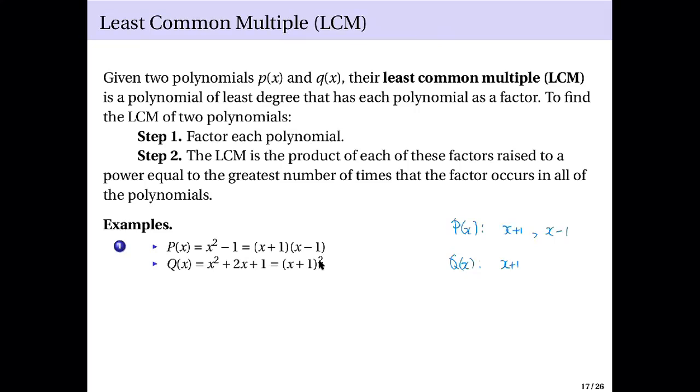So the exponent that we see here tells you the multiplicity of the factor x plus 1. So let me write that. So multiplicity 2, meaning x plus 1 appeared twice as a factor of q of x. Okay? So, you have your x plus 1, x minus 1, and x plus 1.